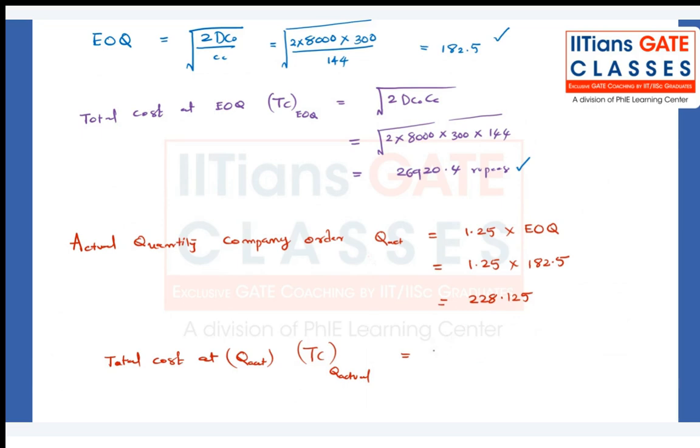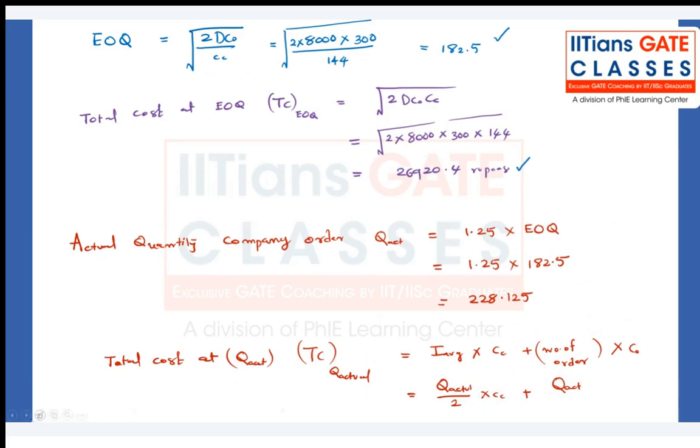Now, average inventory into CC plus number of orders multiplied with ordering cost. So that you will get the total cost. Average inventory, how come? Q actual divided by 2, average inventory into CC, plus number of orders.